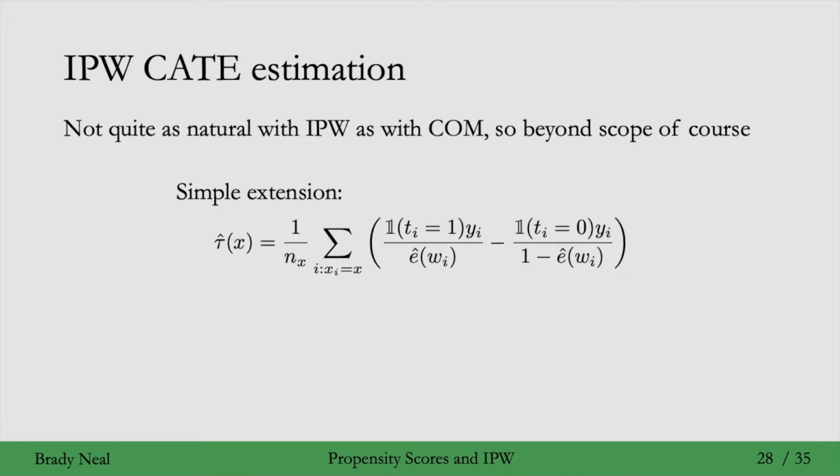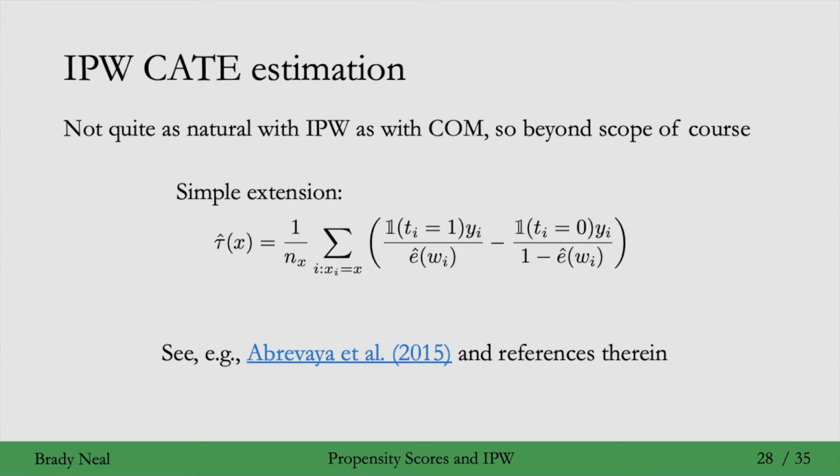A very simple extension for the CATE for this X would be to just restrict this sum to data points where we have that specific X and then divide by the number of data points that have that specific X. And that's going to impact what terms are in this sum here. But this might not work super well, especially if not very many data points have that specific value of X. To read more about IPW CATE estimation, you can check out this paper and some of the references in it.